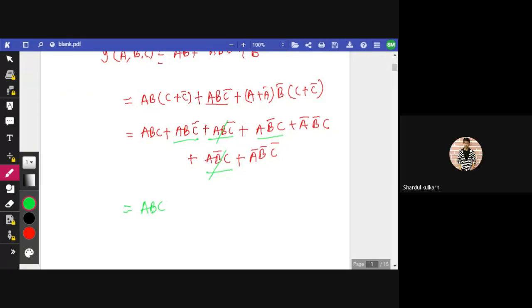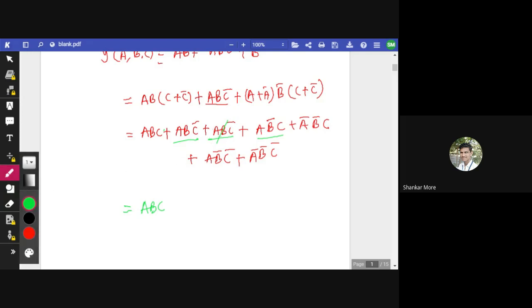Sir, second last term should be AB bar C bar. Okay, great, yeah, right. Sorry, my bad. Thank you for reminding. So it should be AB bar C bar. Correct. Yeah, you're right, Shardul. So what is remaining?